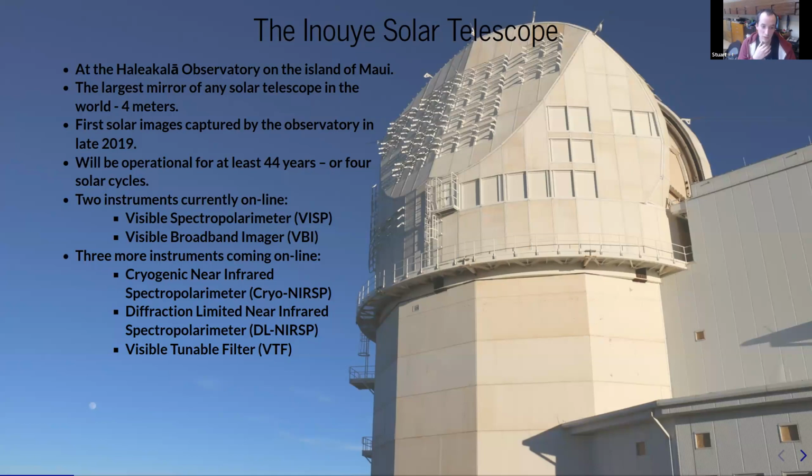And VBI, which is a broadband imager, a very high resolution in time and space imager of the solar surface, which can be used for studying very rapid events, or used as a context imager for some of the other instruments.